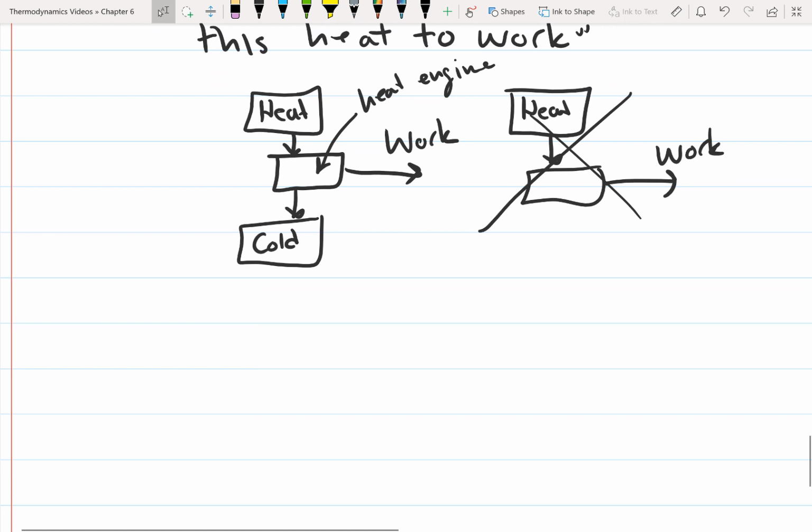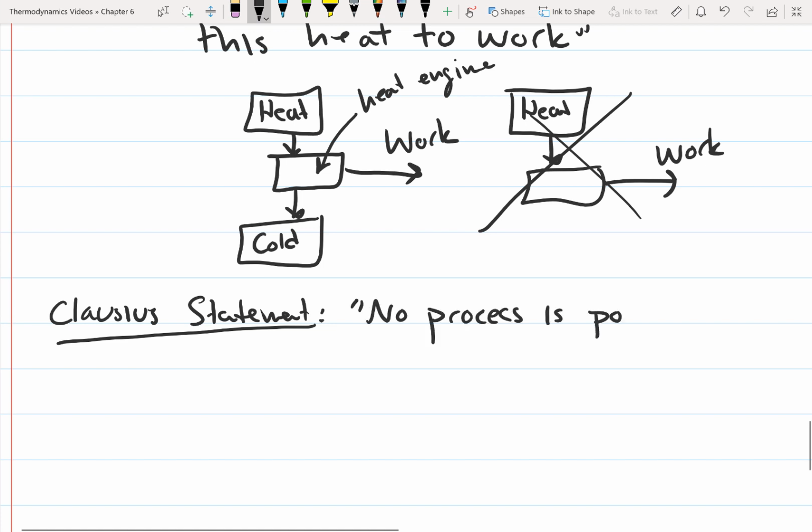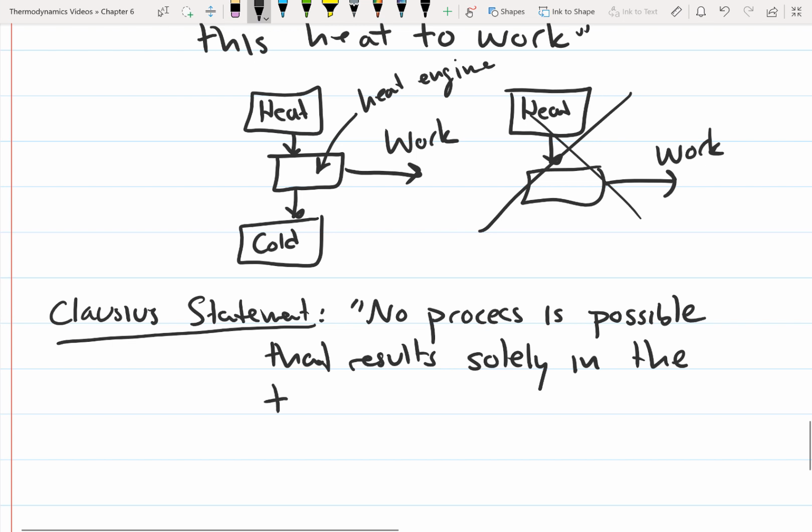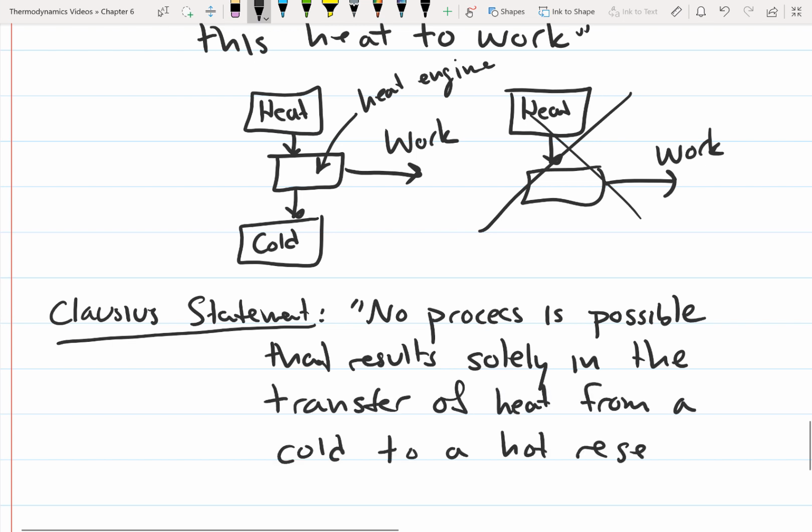And then another statement of the second law is what's known as the Clausius statement. And this one says that no process is possible that results solely in the transfer of heat from a cold to a hot reservoir.